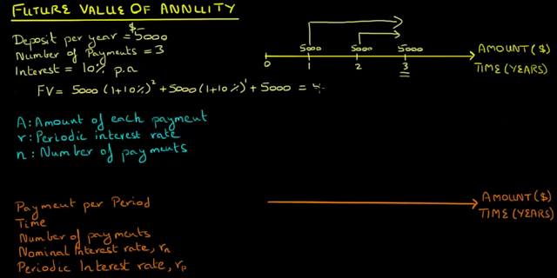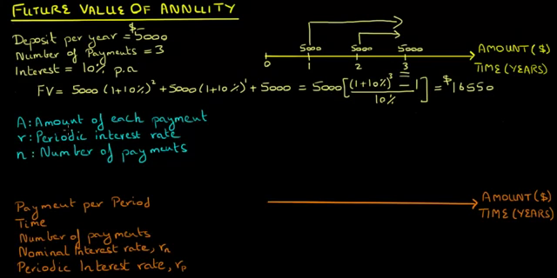This can be rewritten as the $5,000 payment times (1 plus the interest rate of 10%) to the power 3, which is the total number of payments made, minus 1, divided by the interest rate of 10%. And this equals $16,550. So the future value of this annuity, where each deposit is $5,000 at 10% per annum, is $16,550.